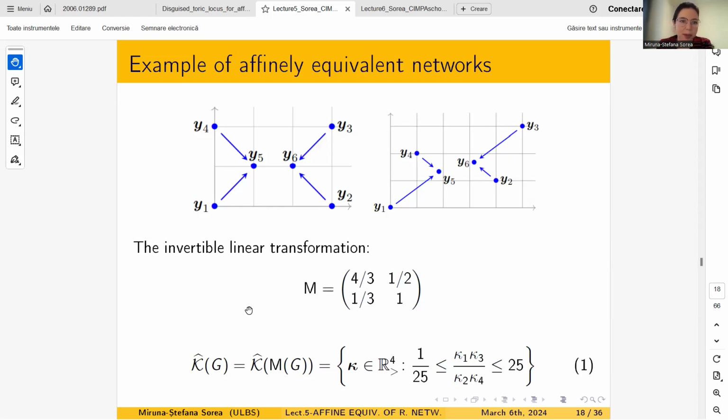So here we have this network. We take a linear transformation that's invertible, and in the tutorial we will need to compute this disguised toric locus k hat of G, showing that it's the set of positive parameters k in R^4 that satisfy these two inequalities. In the tutorial we have a more general shape of such a network where we allow the angles and the lengths to vary.